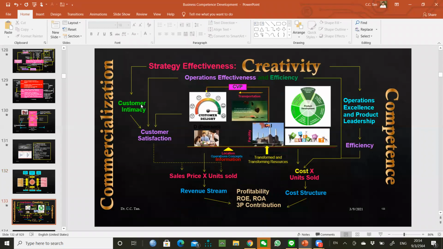And this is also another way of looking at operations and management, from really nothing but supply and demand. So we are talking about balance, pivoting at this point, where we have to balance between supply and customer demand.